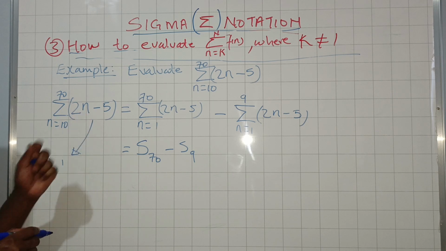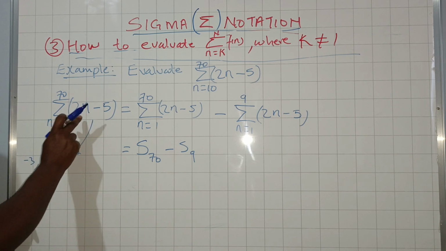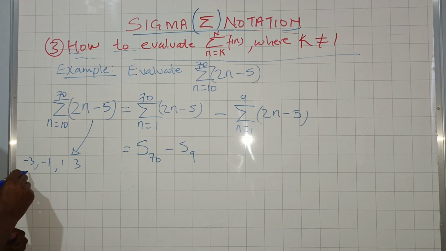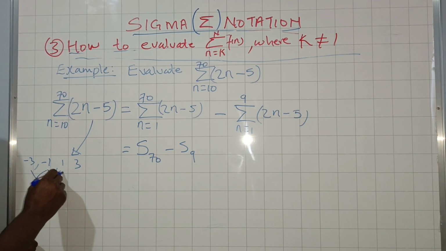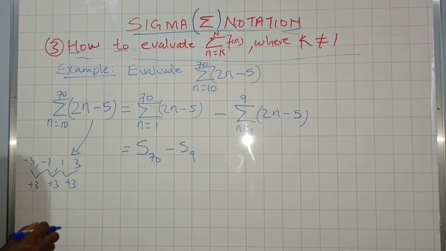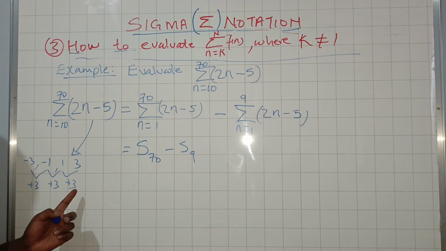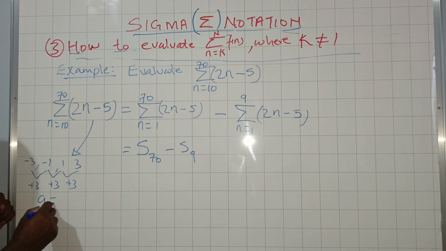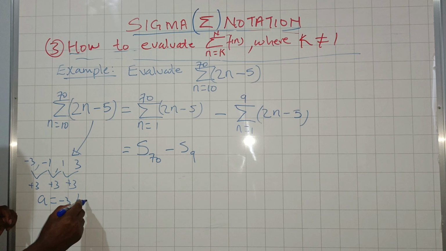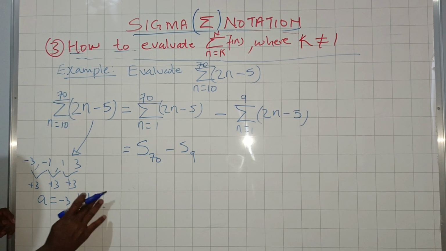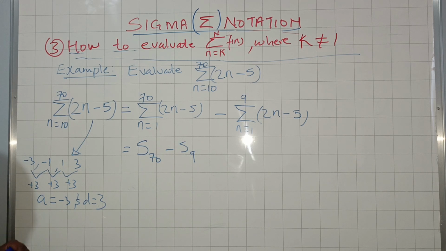When n is 4, this is going to be 3. Now, looks like we are doing plus 2, plus 2, plus 2 each time. And therefore, it's an arithmetic series where a is equal to the first term, negative 3, and d is equal to plus 2, the one that we are adding.